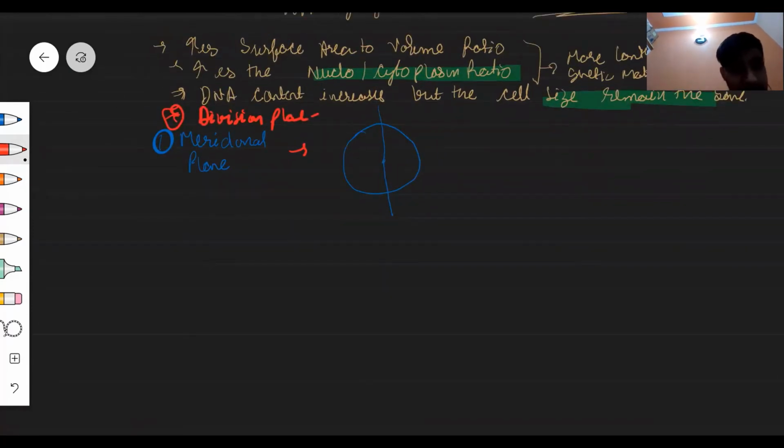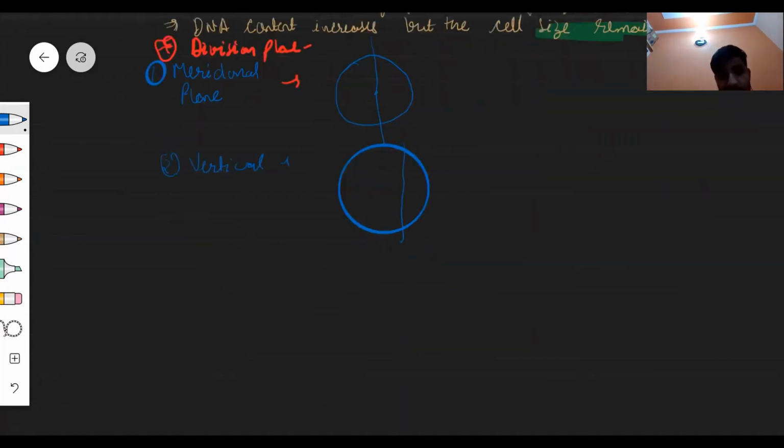Second is the vertical, which is parallel to the meridional plane, but not exactly half.